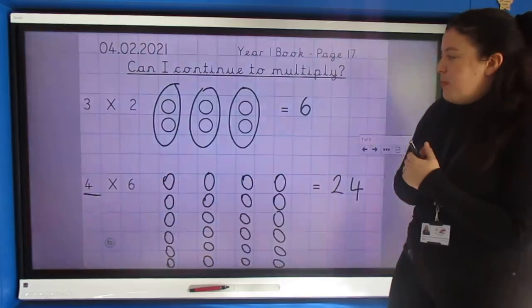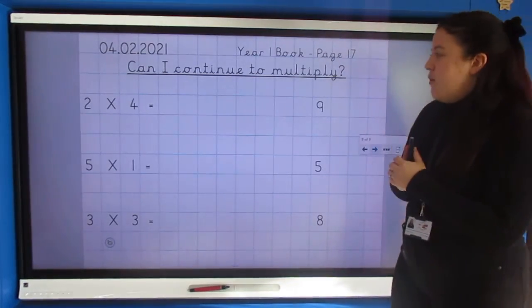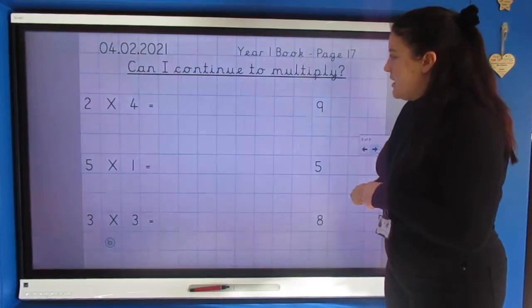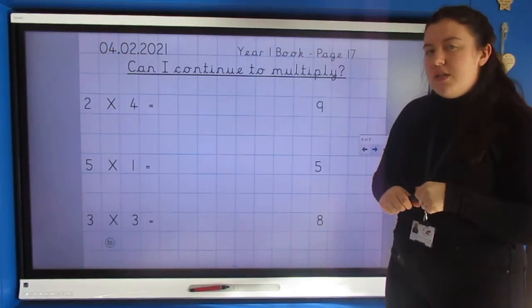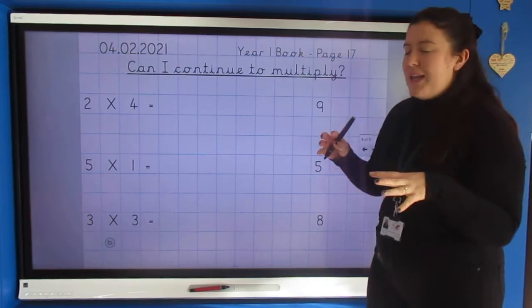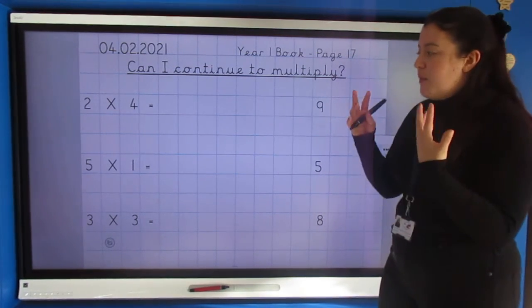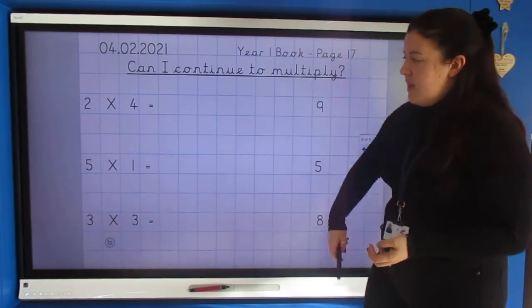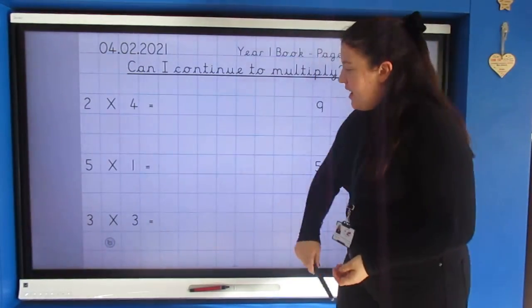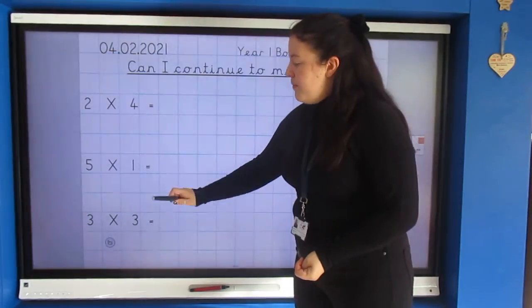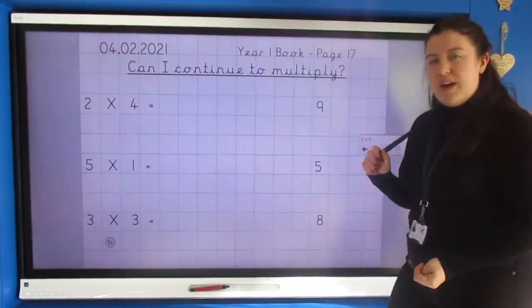So, moving on then. Today, what we need to do is continue to multiply by looking at these sums in a different way. Now what we've got in our workbooks is we need to apply our understanding of multiplication to a problem. The problem we've got today is we've got 3 sums and we've got 3 answers. We need to work out the sum and match it to the right answer.